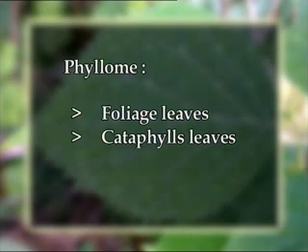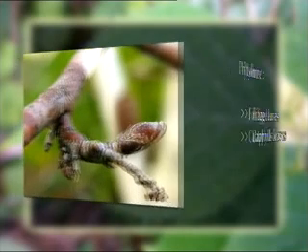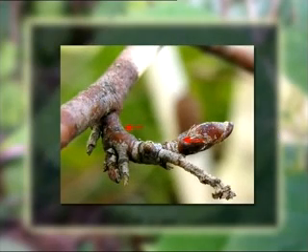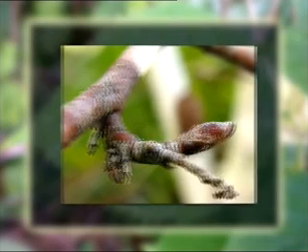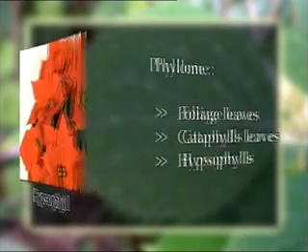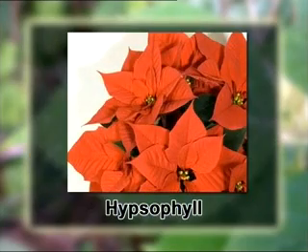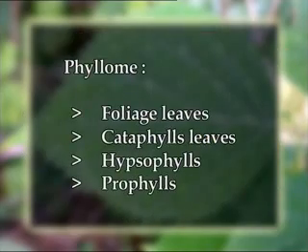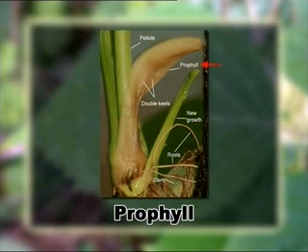Second, cataphylls, that's leaves that appear on buds and on underground stems. Third, hypsophylls, various types of bract that accompany the flowers. And fourth, prophylls. These are floral organs like sepals and petals and others.